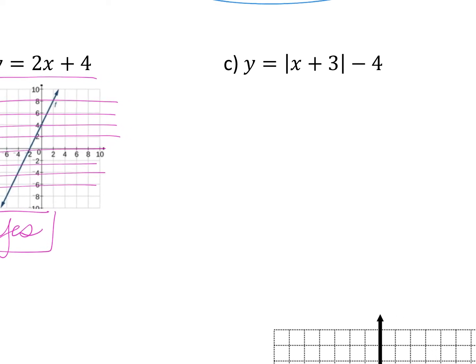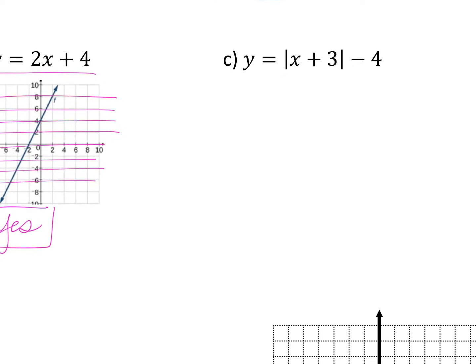Okay. Show me how good you are here. Can anyone tell me what the graph of that equation, y equals the absolute value of x plus 3 minus 4, what that looks like? Good job, you guys. It's a V, right? Anyone want to give me a more specific V? You don't need to, but I'm just curious if you remember what happens with it. It's not upside down.